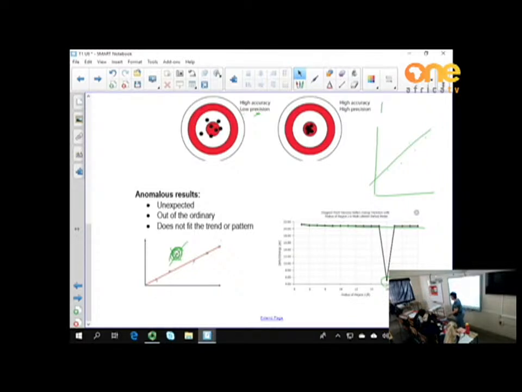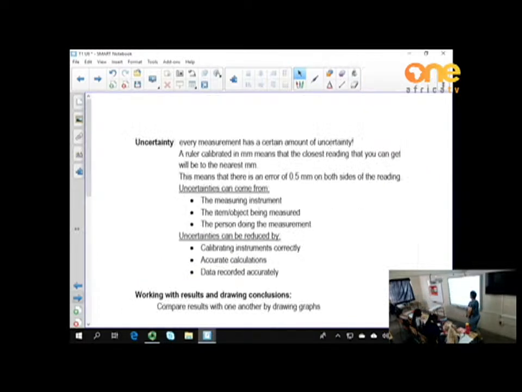Okay. You understand? Uncertainty. Every measurement that we take has a certain amount of uncertainty. Once again, if we use our ruler calibrated in millimeters, the uncertainty is half a millimeter up, half a millimeter down, or front or back.